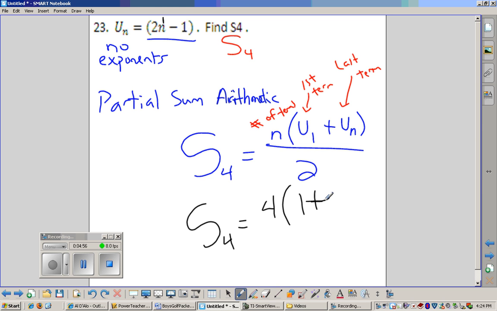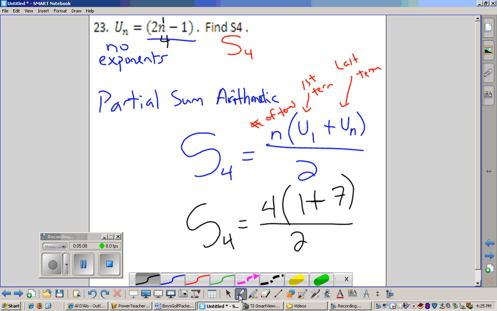The last term will be the 4th term in the sequence, so you put a 4 in. 2 times 4 is 8, minus 1 is 7. That's everything you need to find the sum. We can do it in our head: 1 plus 7 is 8, times 4 is 32, divided by 2 is 16. You may have to rewind that and listen again, but the answer is 16.